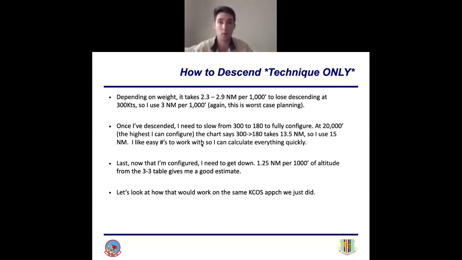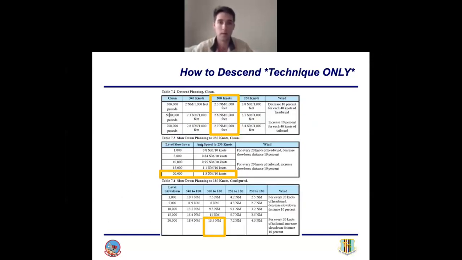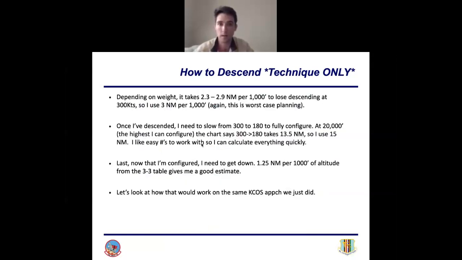And honestly, I don't want to be doing a full tactical descent into a field on a normal day anyway. And that number is at the bottom of this chart. 20,000 feet, it's highlighted in that box, 300 to 180, it tells me it'll take 13.5 nautical miles. So like I said, I've rounded that up to 15 for the example.